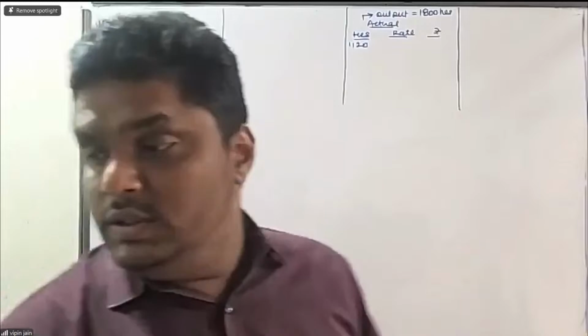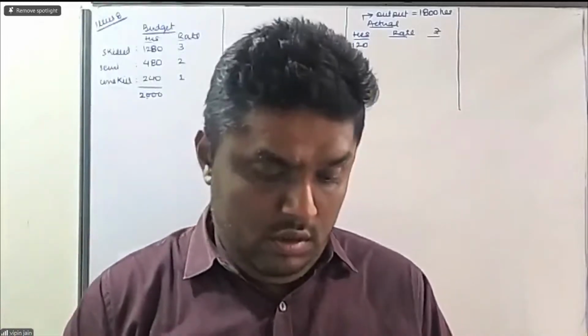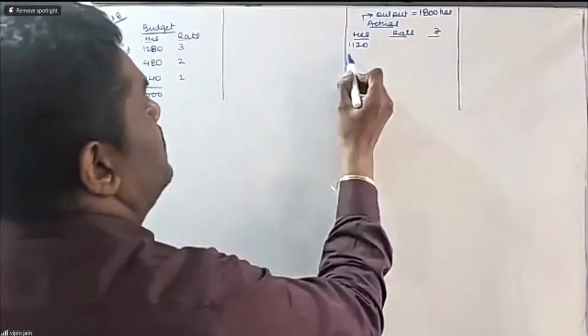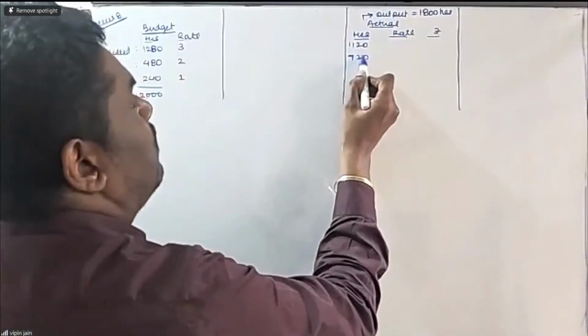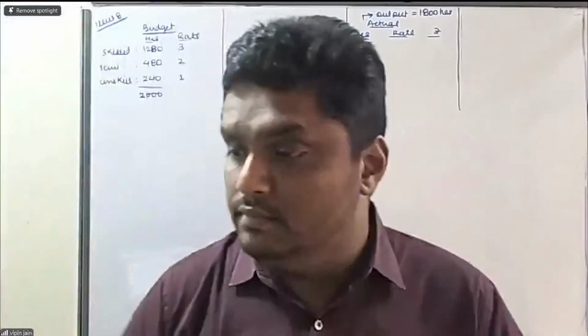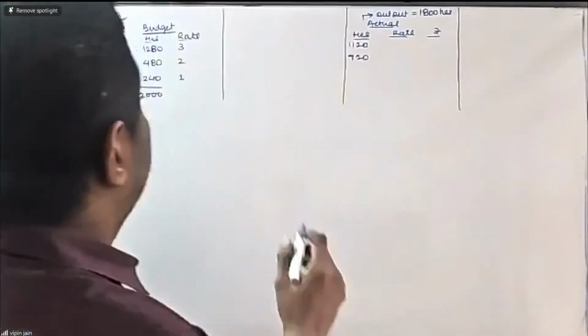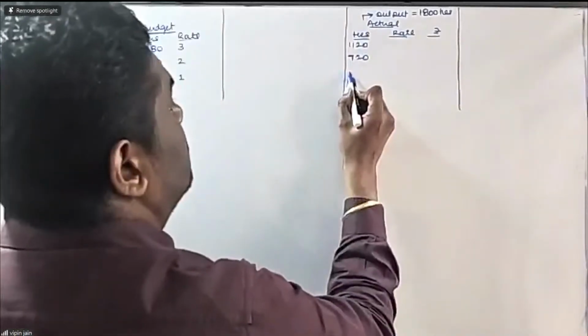This will be 1120. 18 into 40. This will be 720. And 4 into 40. This will be 160.